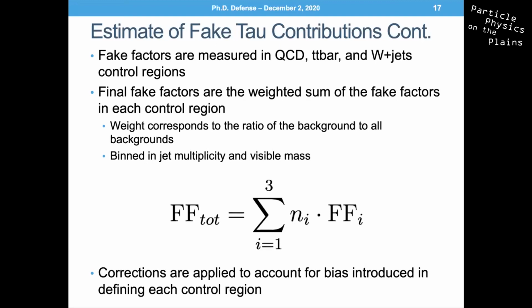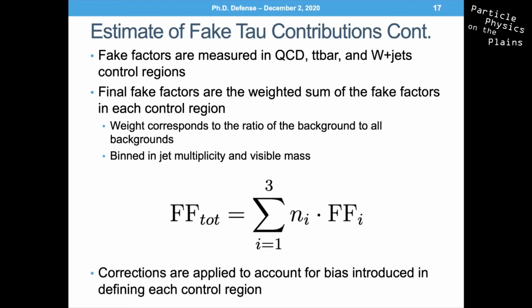And then when you go to construct your final estimate of your fake taus, you apply fake factors that are the weighted sum of the fake factors from each control region. So you take the ratio of the number of events coming from a certain background over the number of events from all backgrounds, and you use that to weight the fake factor from each control region.